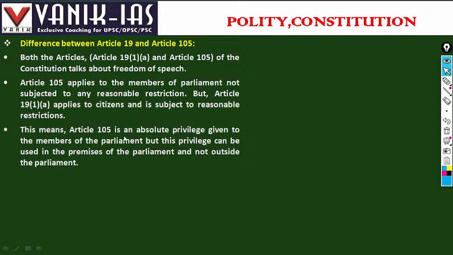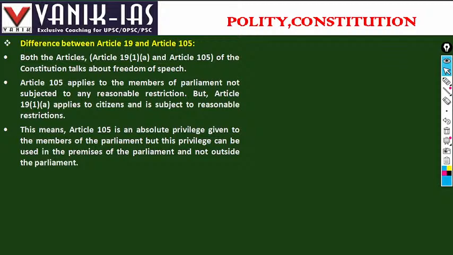This means Article 105 is an absolute privilege given to the member of parliament, but this privilege can be used only in the premises of the parliament and not outside the parliament. But the citizens enjoy this outside the parliament, though reasonable restrictions can be imposed on the freedom of the citizen, while no restrictions can be imposed on the freedom of the parliamentarians.